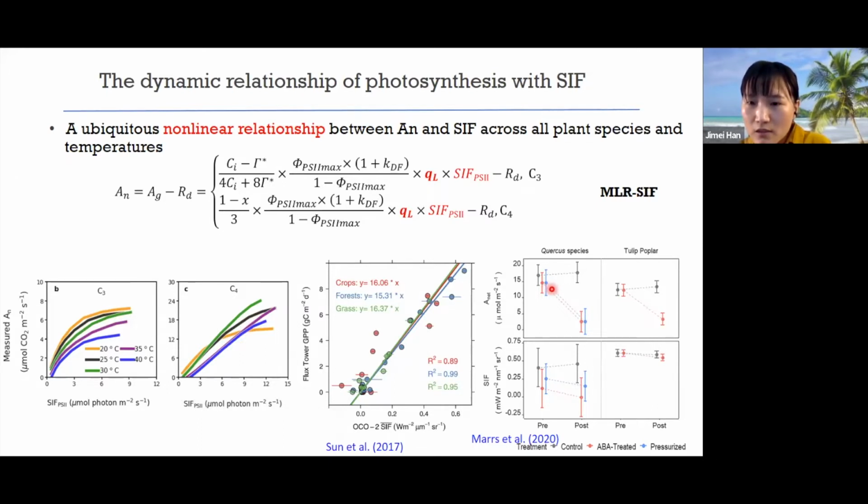That causes a decreased demand for the reduced energy, ATP and NADPH. So to keep the balance between light and carbon reactions, plants will decrease QL and or increase NPQ to dissipate the excess energy to decrease the production of reduced energy.